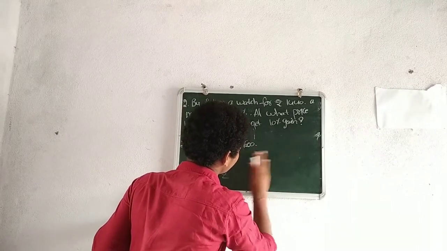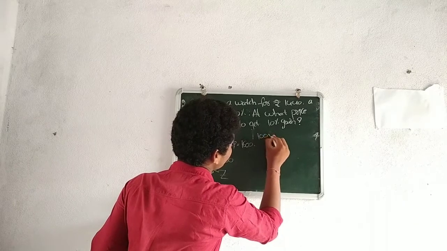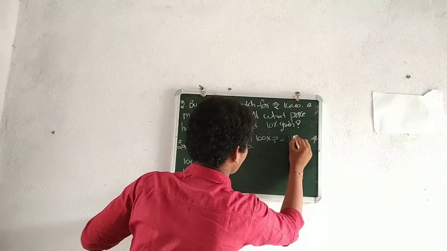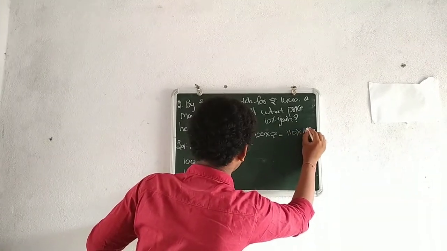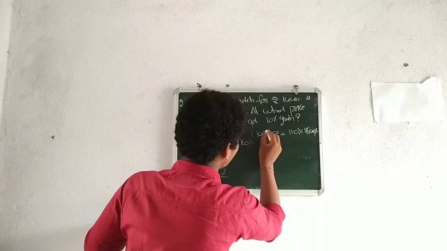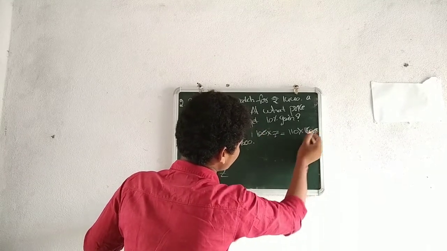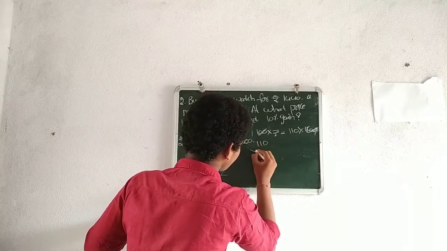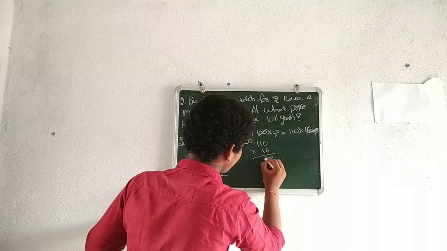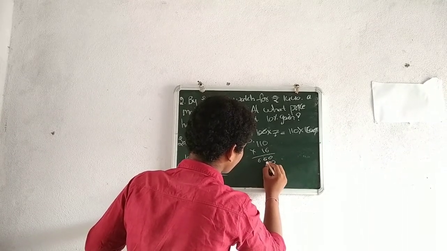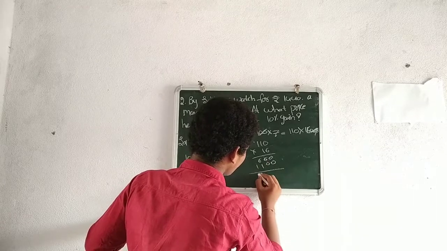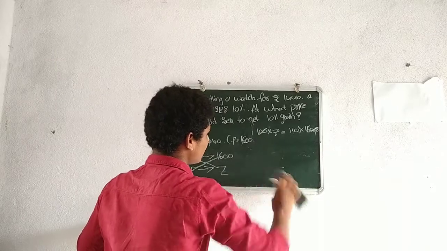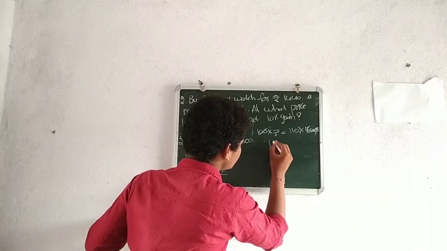100 into z is equal to 110 into 1600. Simply cut 2 zeros, 16 into 110 is 1760.